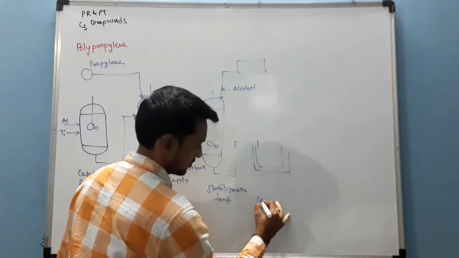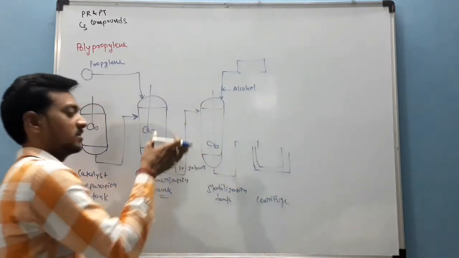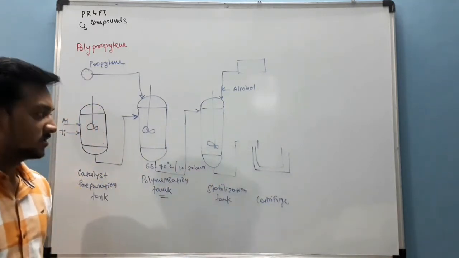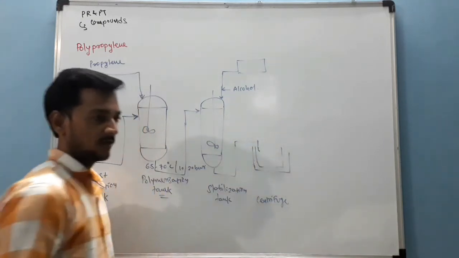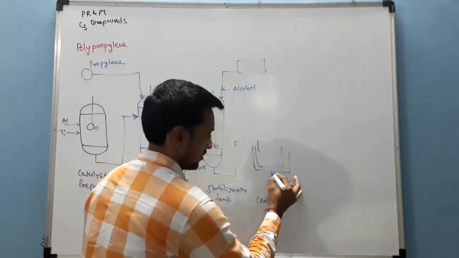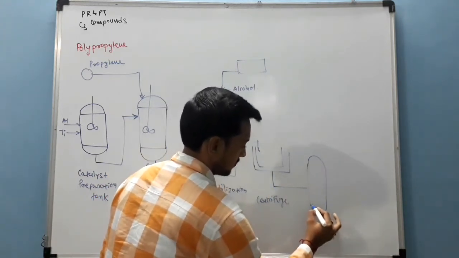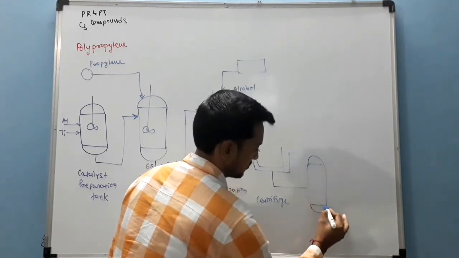This one is the centrifuge. So our product is stabilized and then centrifuged. From this centrifuge it is sent to a stripper, which is a steam stripper.